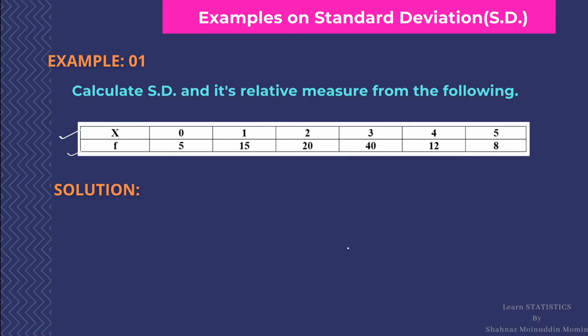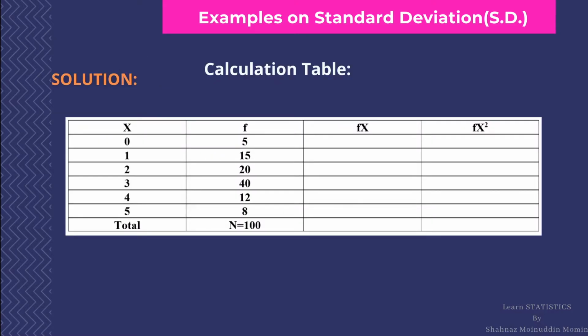To obtain the standard deviation, let us prepare a calculation table by taking the values and frequency in a vertical column, x and f. We will obtain the next column f into x, meaning 0 into 5, that is 0.